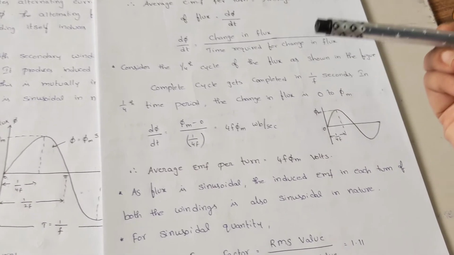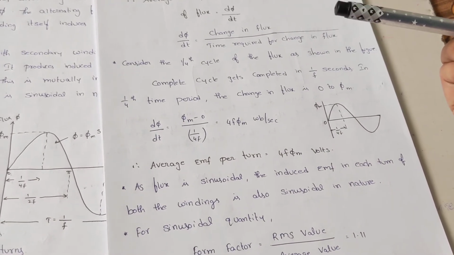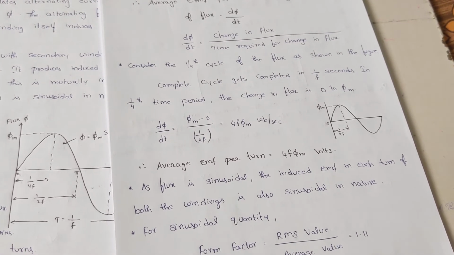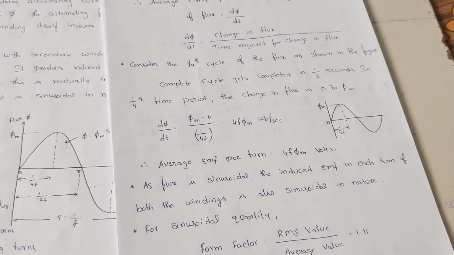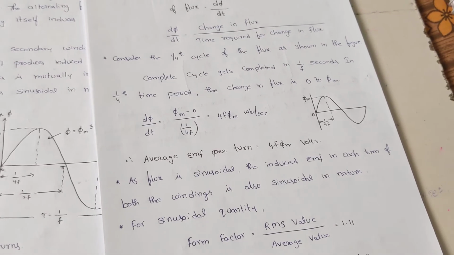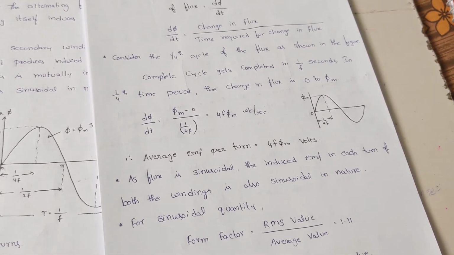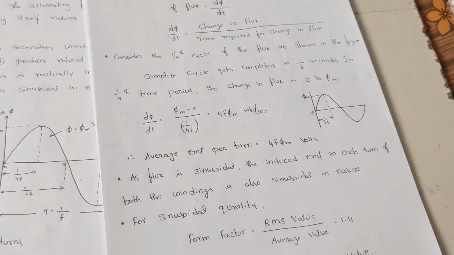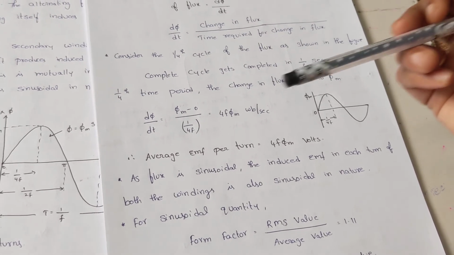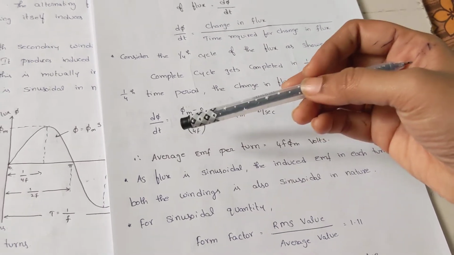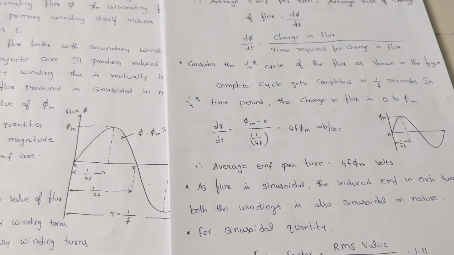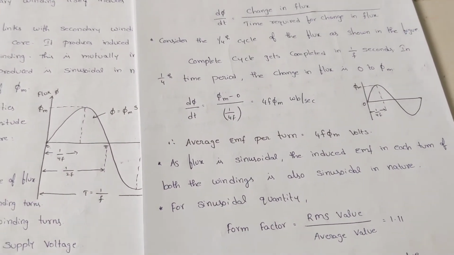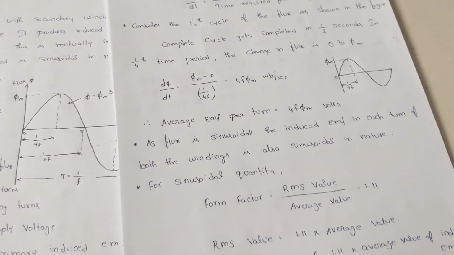In the primary I have N1 turns, and similarly in the secondary I have N2 turns. So the average EMF of the primary is 4f phi m N1, and similarly for the secondary 4f phi m N2. Right now I have the average EMF, but E1 and E2 are RMS values. We should know the relation between RMS and average values from the form factor.